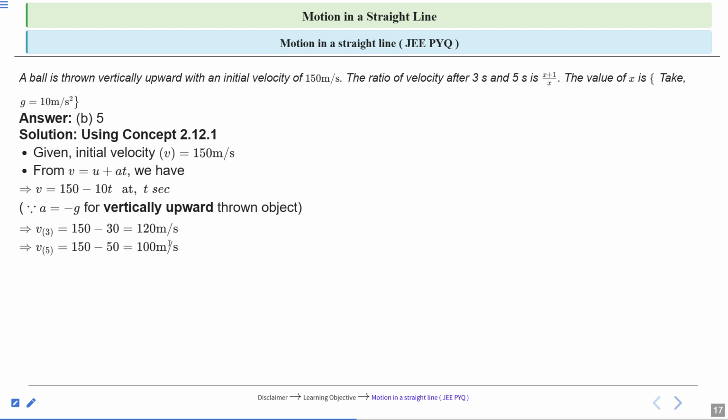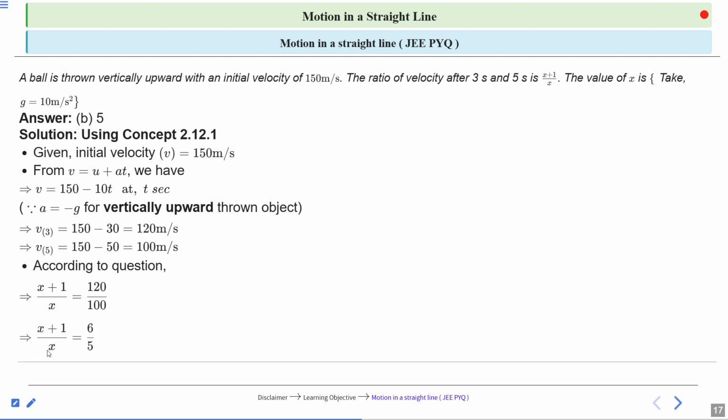So according to question, x plus 1 divided by x is equal to 120 divided by 100, the ratio of velocities. So solving this, you will get the value of x.